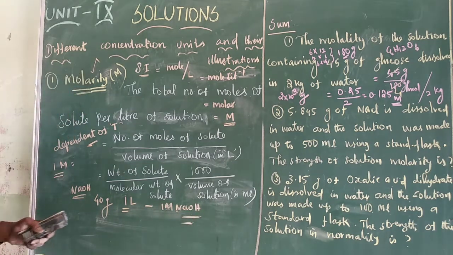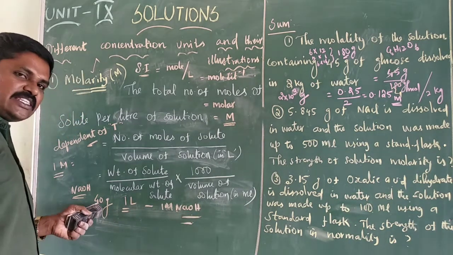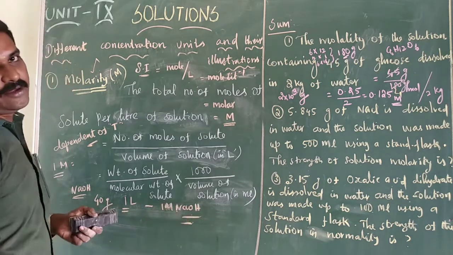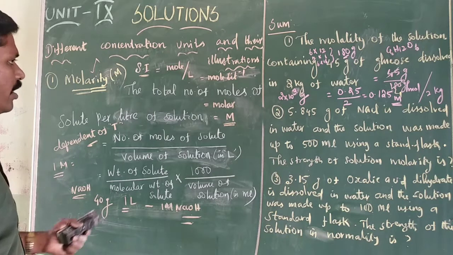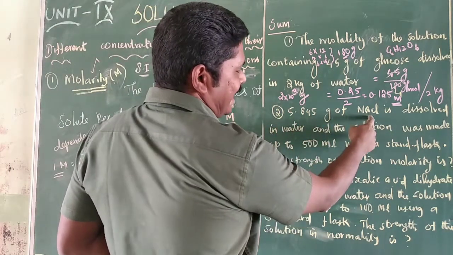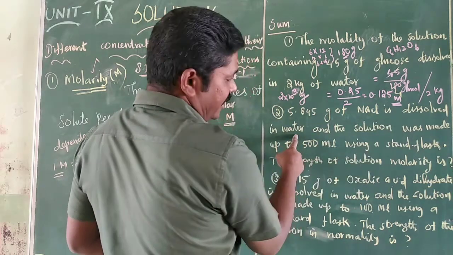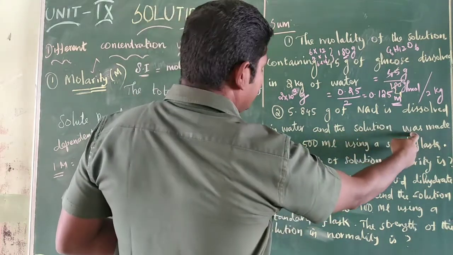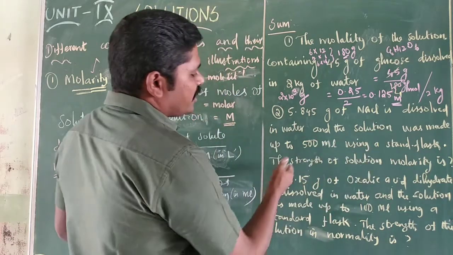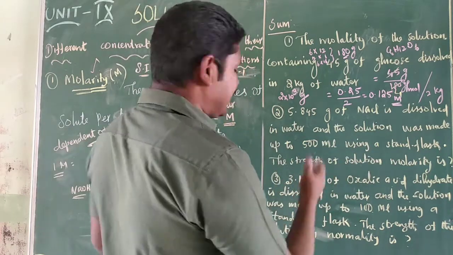So the molecular mass of substance dissolved in 1 liter of the solution is called 1 molarity. Okay, so 5.845 gram of NaCl is dissolved in water and the solution was made up to 500 ml using the standard flask. The strength of solution, molarity, is.